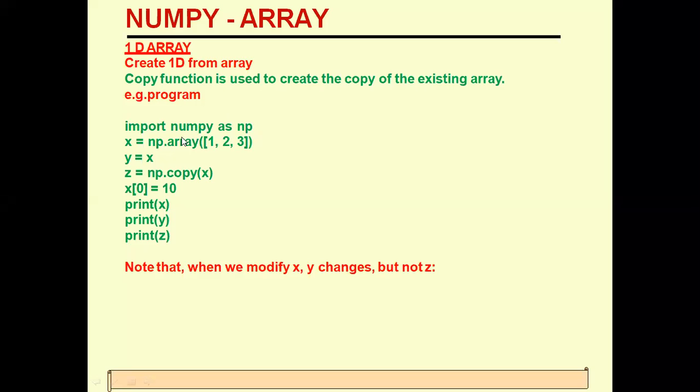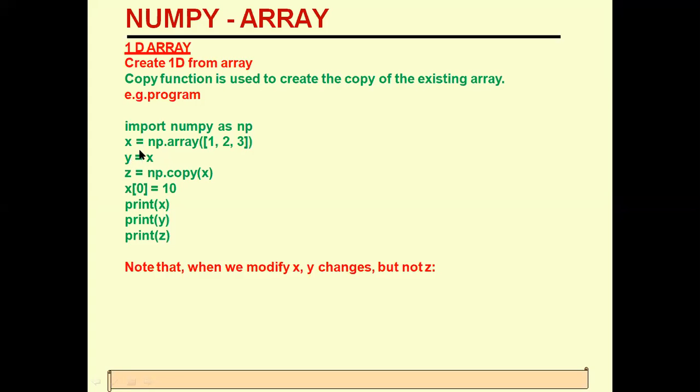From numpy we are using array, just like from the math module we use sqrt, round. Numpy is the module name here, and np is the temporary reference name. From numpy I am using array. So 1, 2, 3, three elements are here: 1 in the 0th position, 2 in the first position, 3 in the second position.